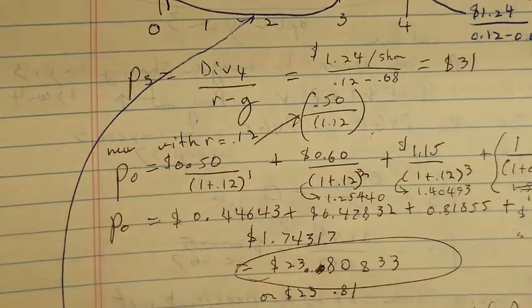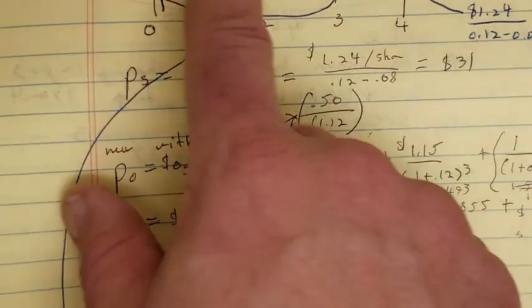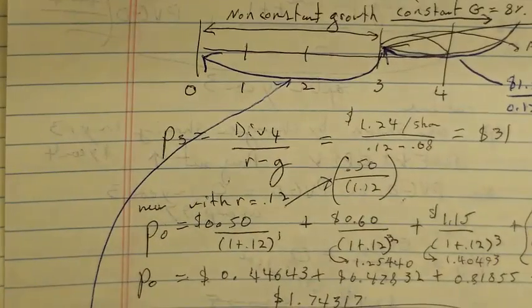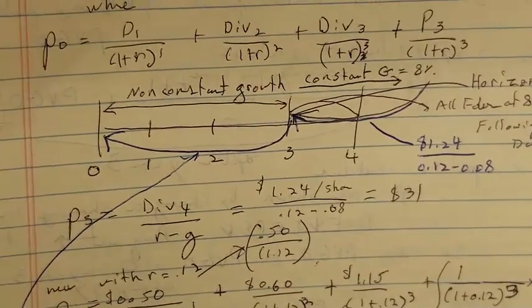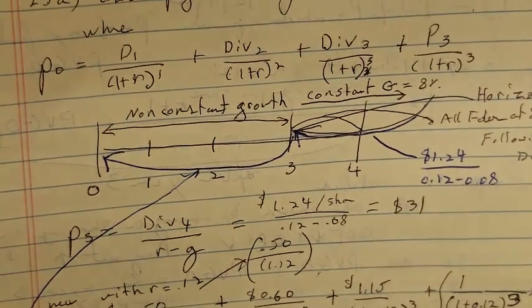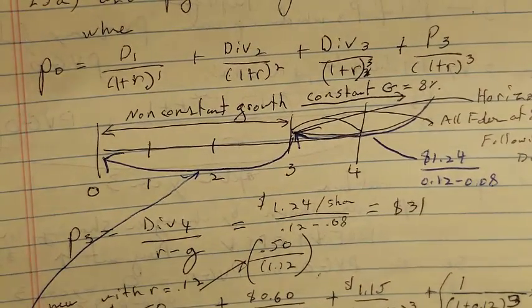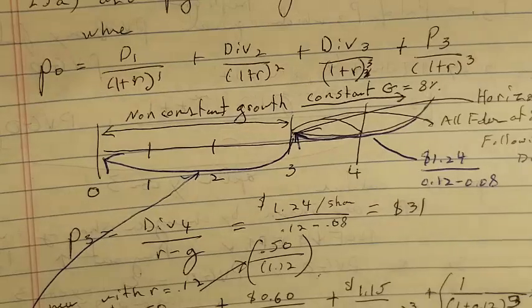I wrote down the formula here. So in A, it says, value the stock. Well, the first thing I do is I draw the timeline, right? So from years 1 through 3 and then year 4. In year 3, what we have taking place is from year 3 on, the dividends grow at 8%.